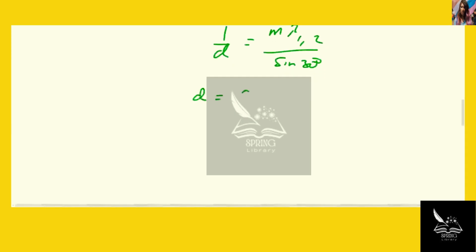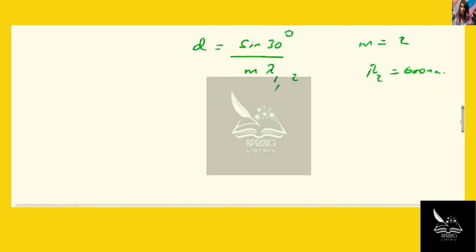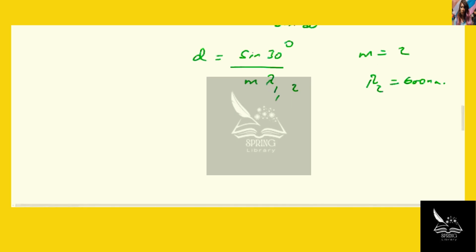So we can now comfortably solve for d and see that d is sine 30 over m, the mixed lambda at maxima. m equals 2, the order is 2, and lambda 2 is 600 nanometers. So that's when the max separation happens, and these two conditions are met.